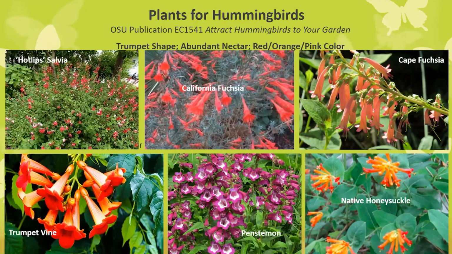California fuchsia is in the genus that used to be Epilobium. I don't know what the current one is, Zauschneria. And anyway, it has a number of species and cultivated varieties. They can range from ground hugging, maybe 6 to 8 inches high, to shrubs of 3 foot diameter.